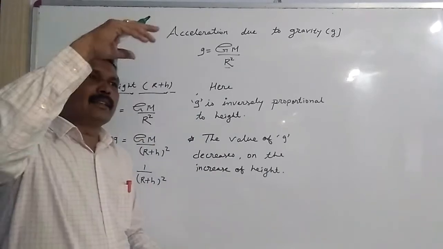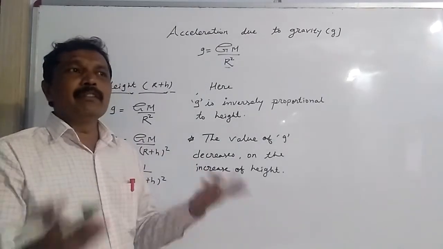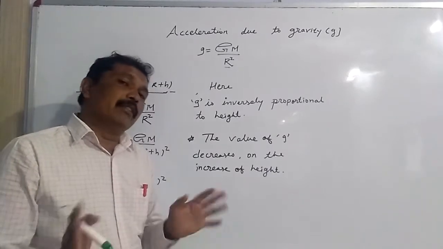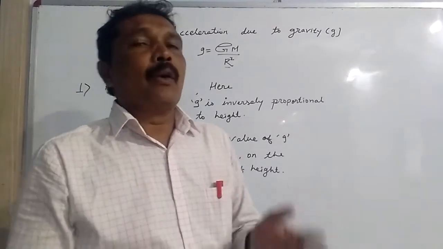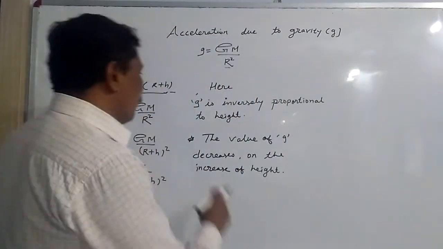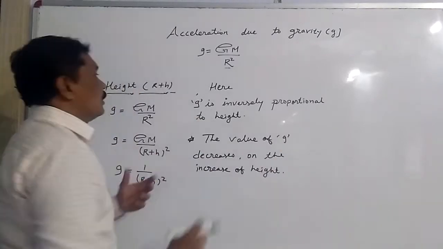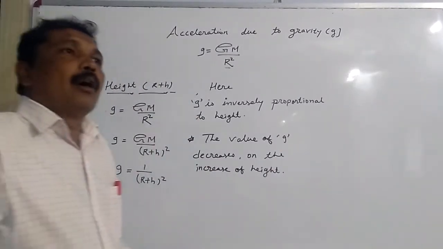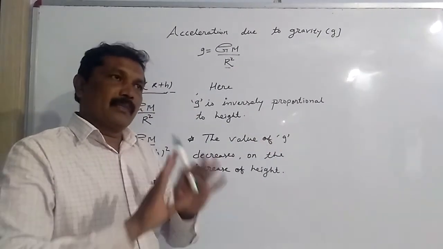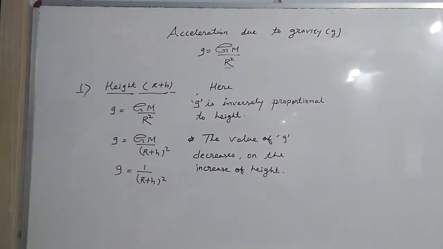So if the height is increased, then the value of g will go on decreasing because it is inversely proportional. And we know in inverse proportion, when one value is decreased, the other value will increase. And therefore the value of g decreases on the increase of height of an object above the surface of the earth. It's clear. Now we'll see another factor.